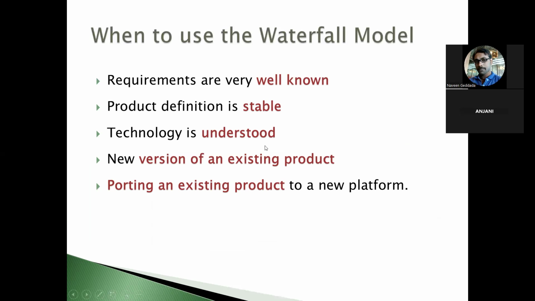The technology is understood. For example, in the R1 to R10 requirements, say R3, R4, R5 have basic functionality where there won't be much calculation or effort required from the technology team.